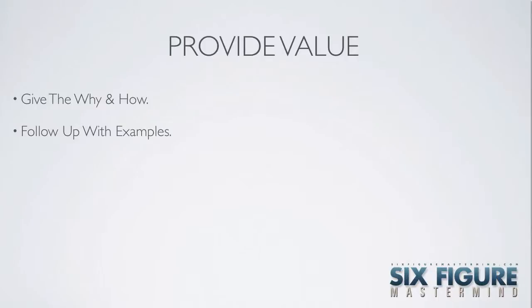Providing value. In a sales letter, you give them the why, but not the how. The how is usually your product. Here, you're going to give them the why and the how. But you do not want a conflict with what your product is going to give them. So it's important to sell the why and also give them the how. For instance, what I do is show them how I manually do things. I'll show them tips and tricks, and different ways of getting the job done for what I'm selling.